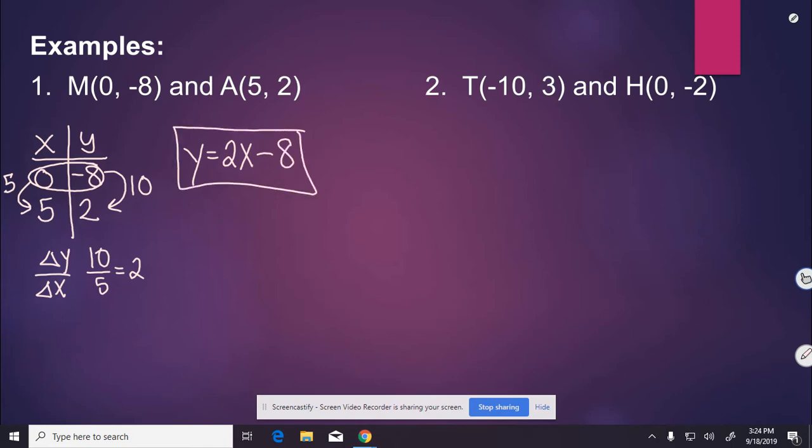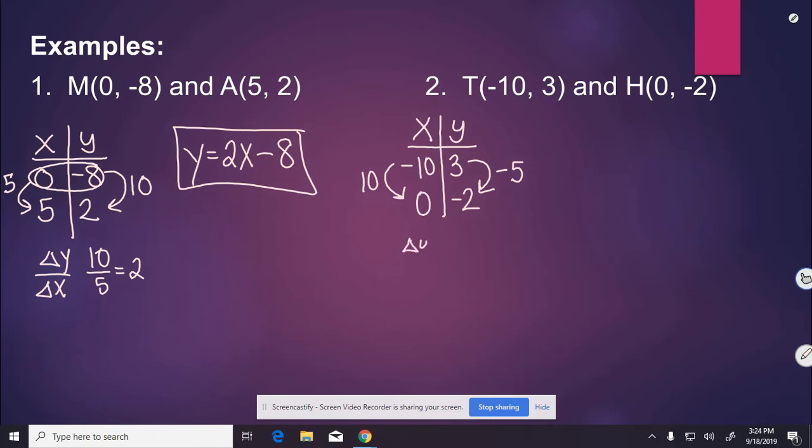Let's take a look at number 2. Again, I start by setting up my t-chart. For t, -10 corresponds to 3, and for h, 0 corresponds with -2. So again, I start by calculating my slope. 3 to -2 is going down 5. -10 to 0 is going up 10.